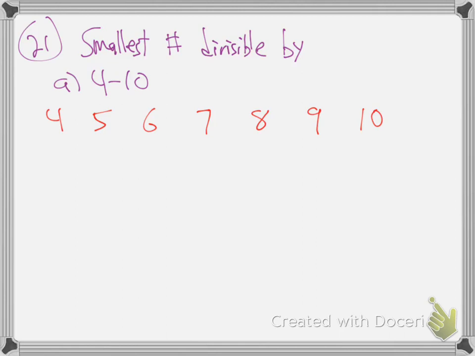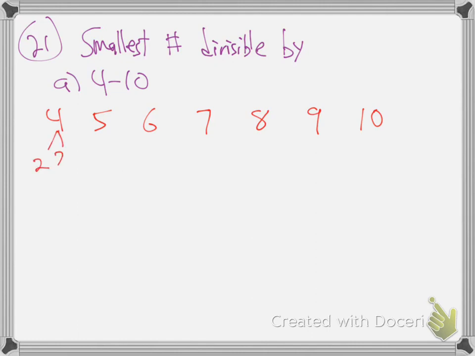And I want to build a bigger number that all of these numbers go into. I'm going to build it out of their primes. I'm going to take all these numbers and break them down to their primes.